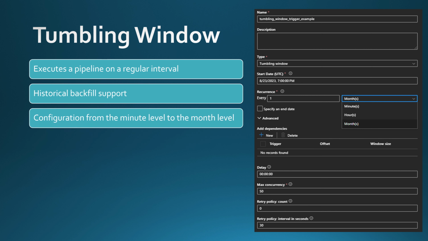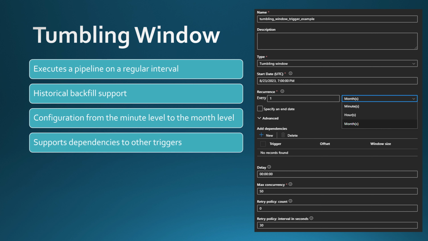Like the schedule trigger, we have the configurations from the minute level to month level. And this trigger actually supports dependencies to other triggers that the schedule trigger does not. And this is also a feature that we are not going to cover in that much detail in this video, but just keep in mind that with this trigger it is possible.